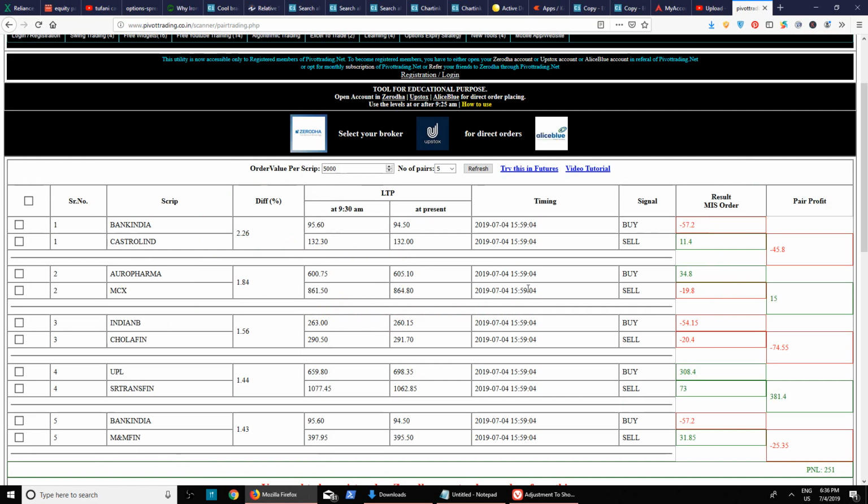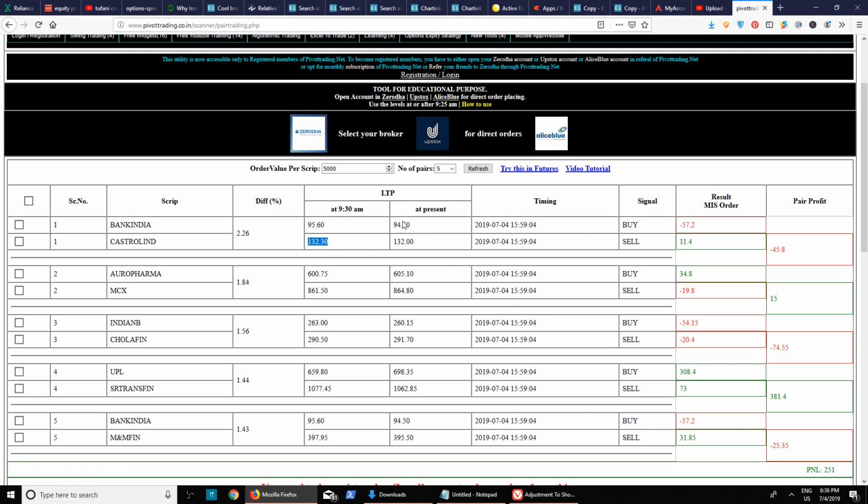Let's see the prices at 9:30 a.m. At 9:30, Bank of India was trading at 95 rupees 60 paisa, and at present 94.50. So at closing it was 1 rupee less, so it would have given you a 1 rupee loss. But here, at 9:30 this was trading at 132.30, and it would give you a 30 paisa profit, with just small slippages.